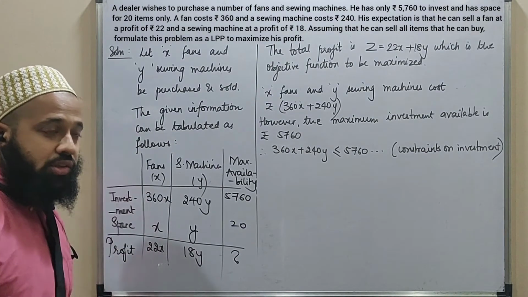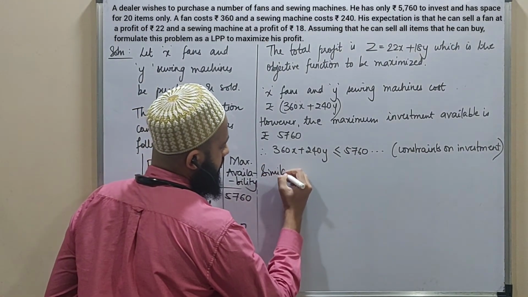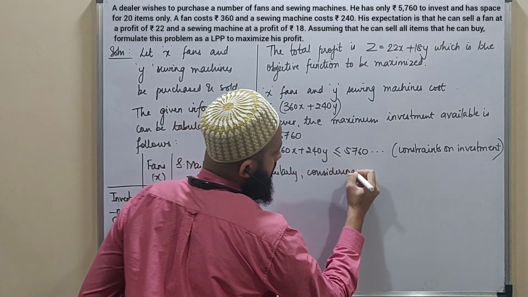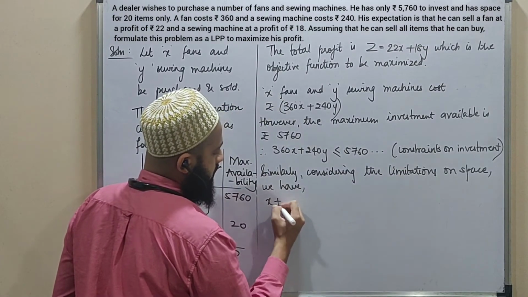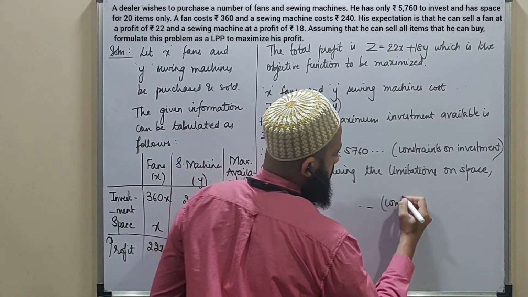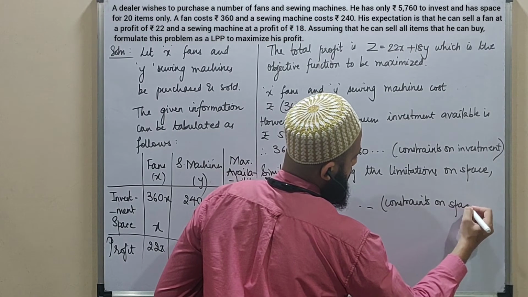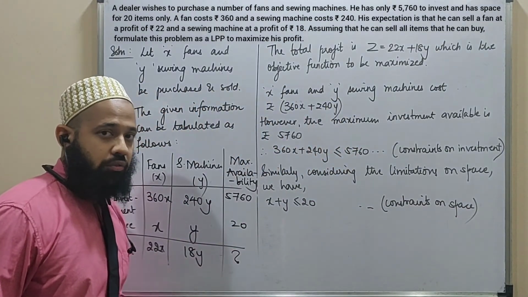Having explained the first constraint, similarly the second one. Considering the limitations on space, x plus y should be less than equal to 20. This is the constraint on space. Let's finally write the non-negativity constraints.